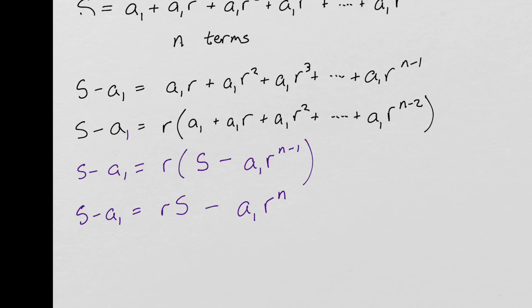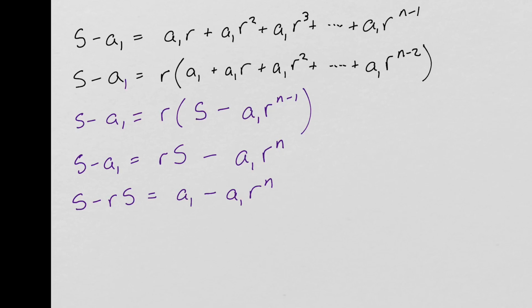Let's now add A1 to both sides and subtract RS from both sides. So hopefully this works. S minus RS is equal to A1 minus A1R to the n. So I did do 2 algebra steps in one there. I added this thing to both sides, so it goes away from over here, ends up there. Subtracted RS from both sides. There it is. And we're just about done.